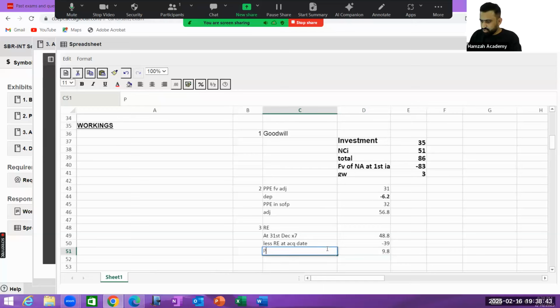These are the post-acquisition retained earnings. Now, in these post-acquisition retained earnings, there is a share of group and a share of NCI. What is the group share?